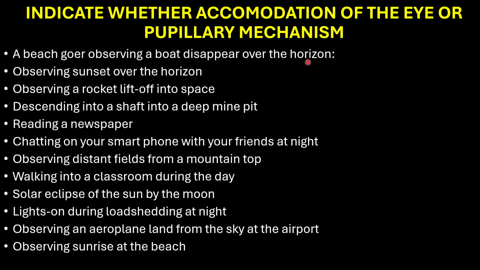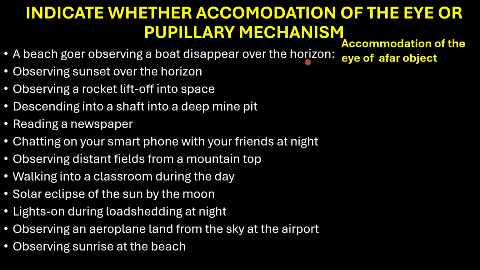Here we are talking about an object moving away. Once the object moves away from you, you are dealing with distance. Once you are dealing with distance, it falls under accommodation of the eye, specifically of a far object. So the object is moving afar, because accommodation deals with near and far.